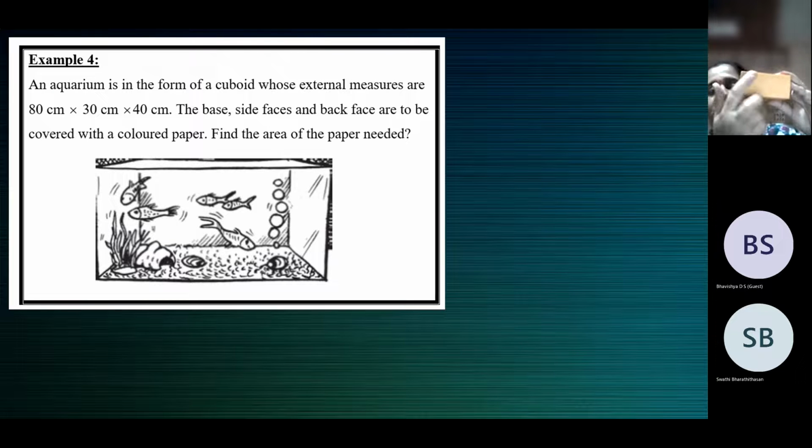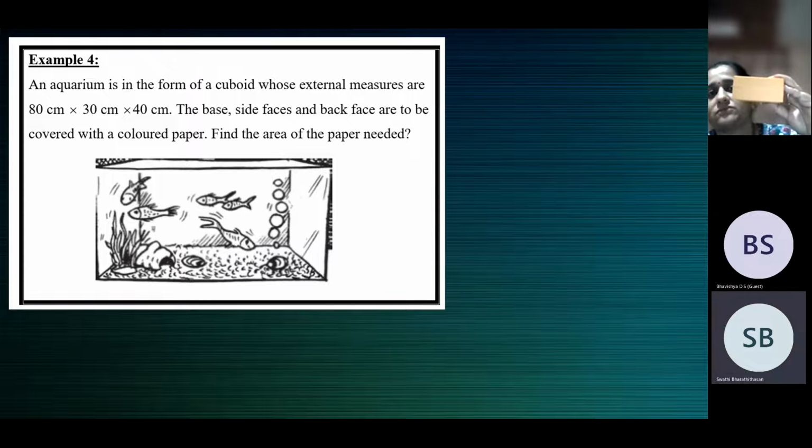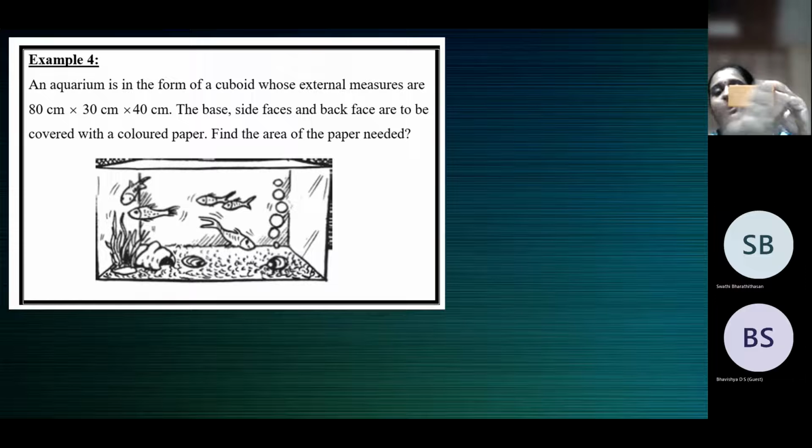Now tell me, Swati, what is the area of the front face? Can you see the object I'm trying to show? It's L into height, length into height. Yes, so the area of the front face is length into height.